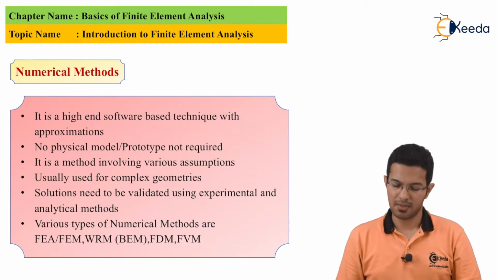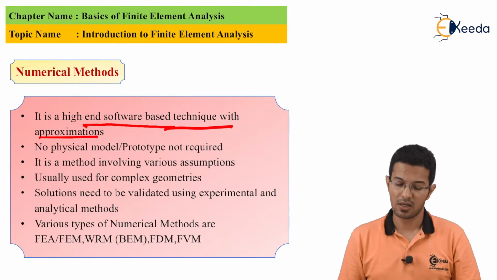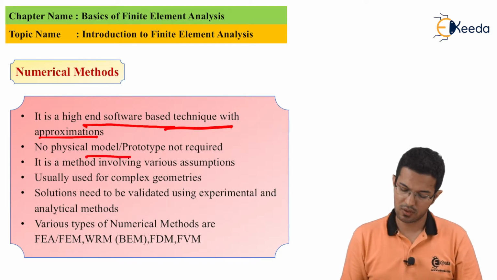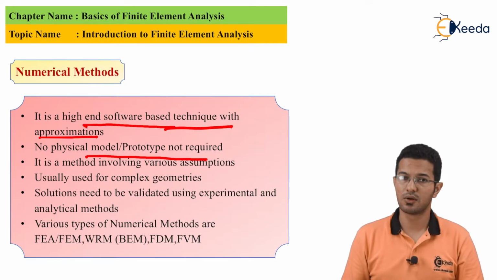So, a numerical method is a method in which we use high-end software-based techniques with approximations. In this technique, we do not need a physical model or a prototype. This method also involves lots and lots of assumptions.